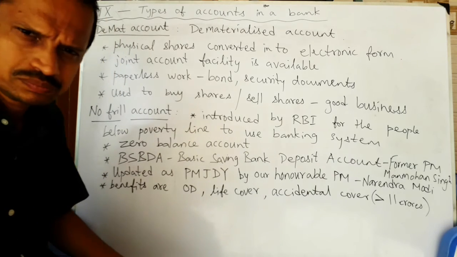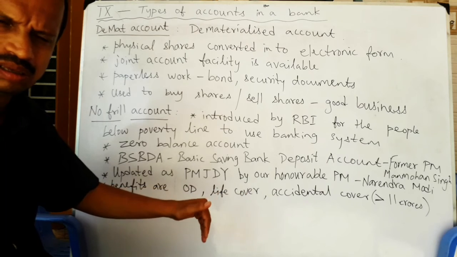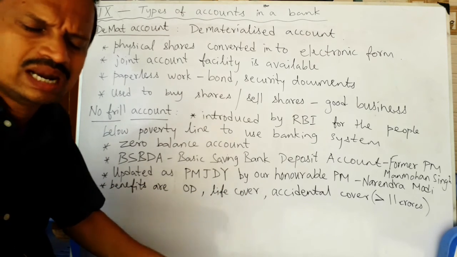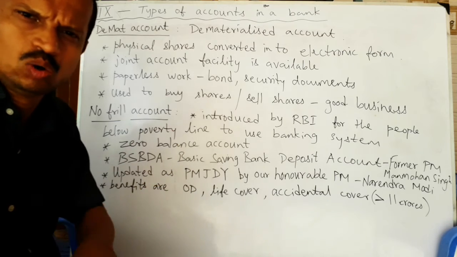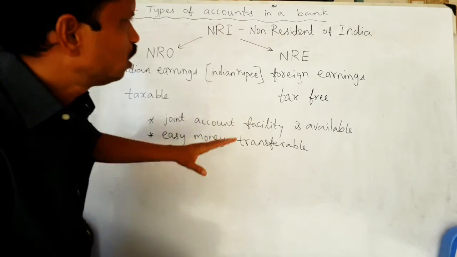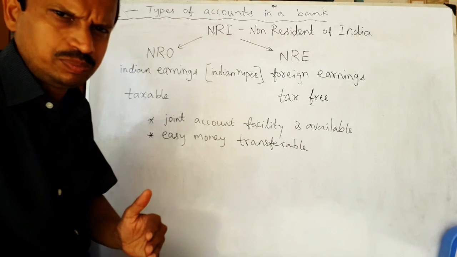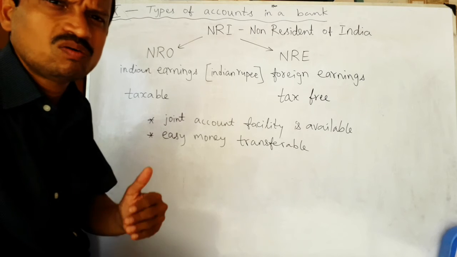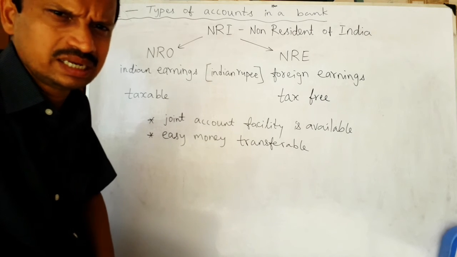These are the benefits of these accounts, and we will see one more thing, that is the NRI, non-resident Indian account. And here comes that NRI account, non-resident of India account. Okay, the people who are working in foreign countries other than India are called non-resident Indians.